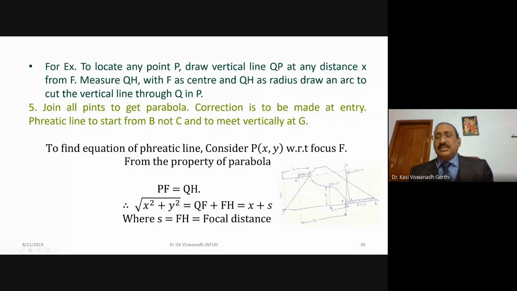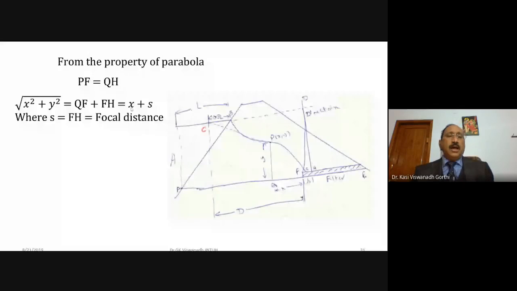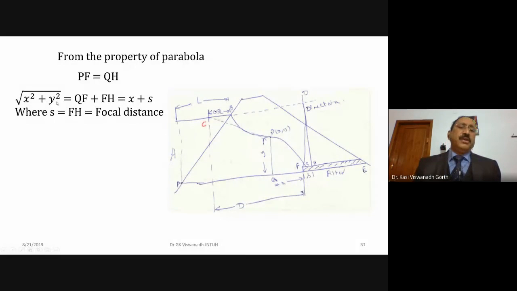QF we have already seen is X, and S is the focal distance, which is FH. So X plus S. Now you have the square root of x squared plus y squared must be equal to X plus S. Three things are here: what is X, what is Y, and what is S? S is the distance between the focal point F and H.